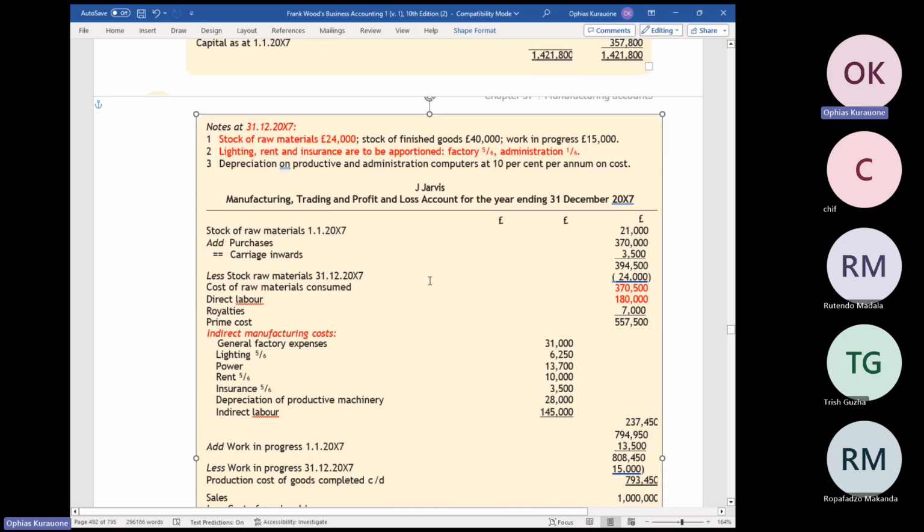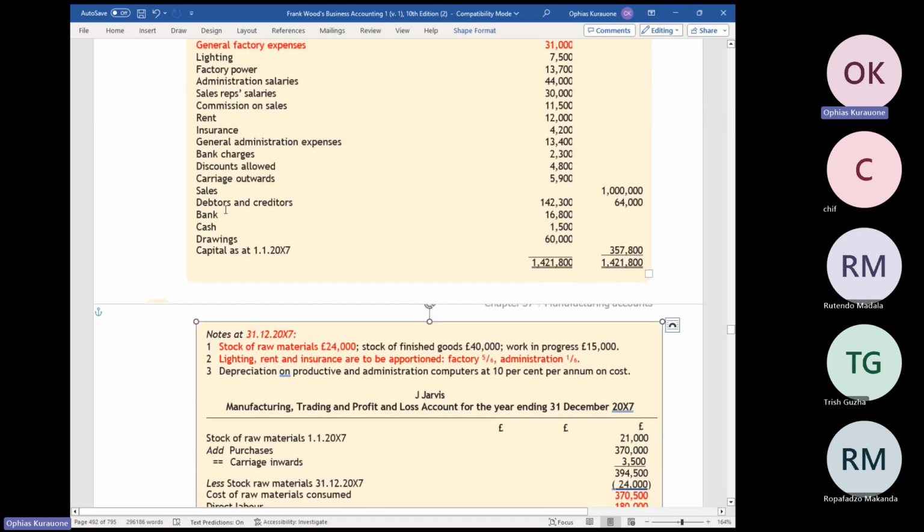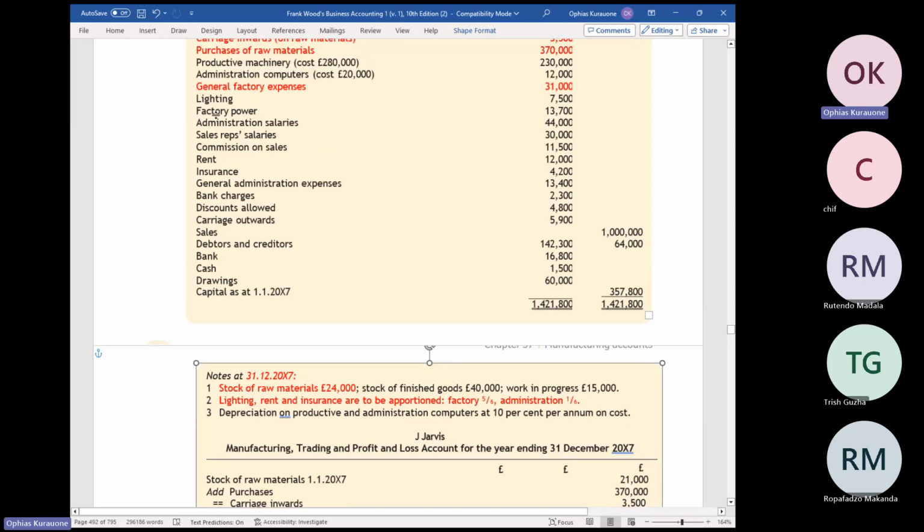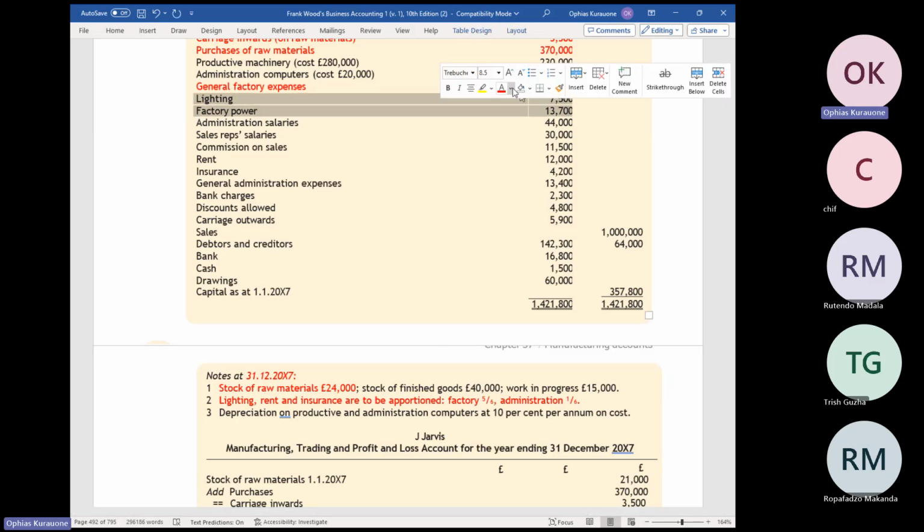So that's why you find general factory expenses that is given. Lighting, it's 5/6, like what I said. Power is not going to be apportioned. So if it is not apportioned, our factory power and lighting here, they've got this one. Then administration salary, this is clear.